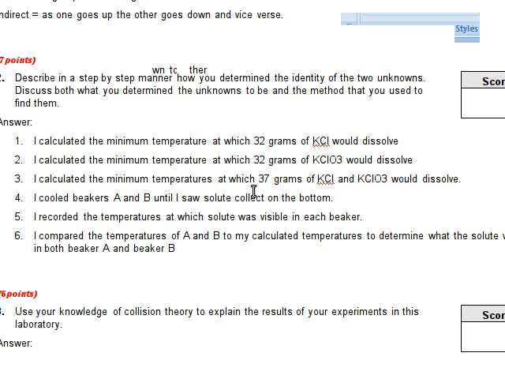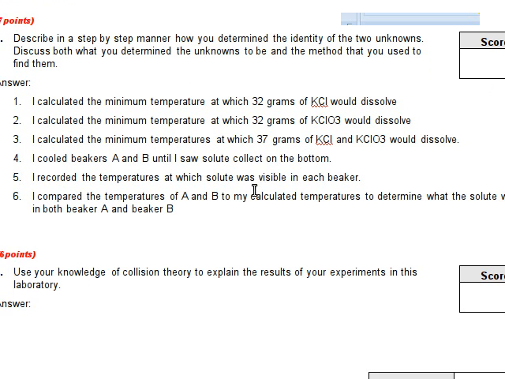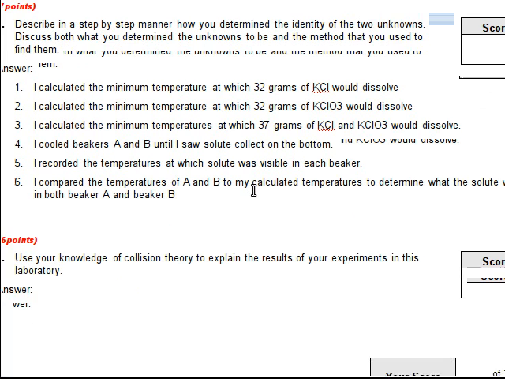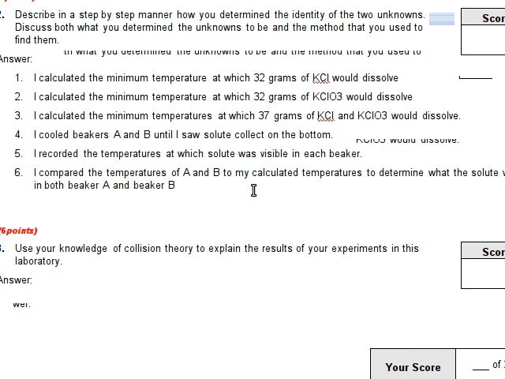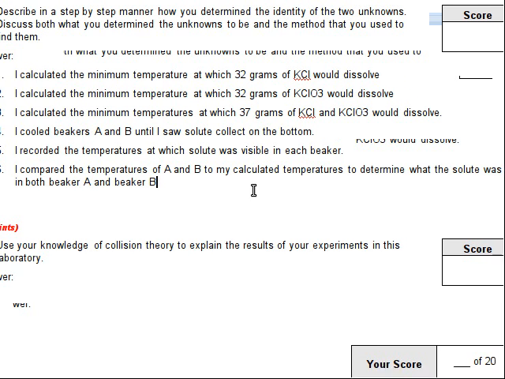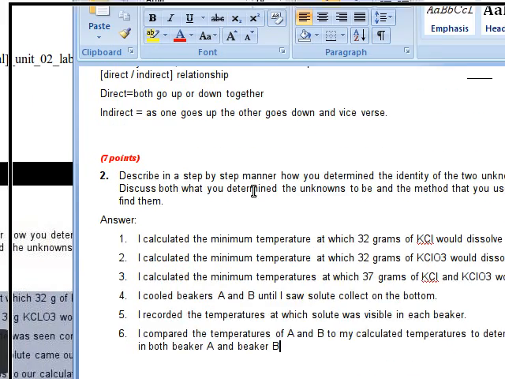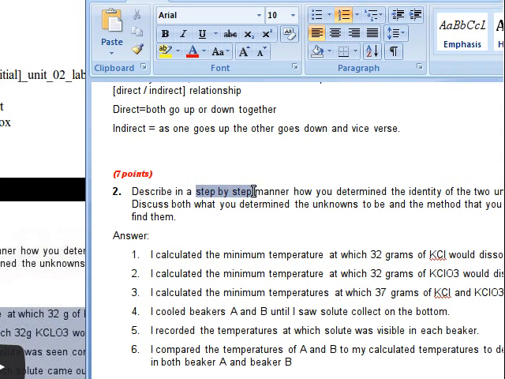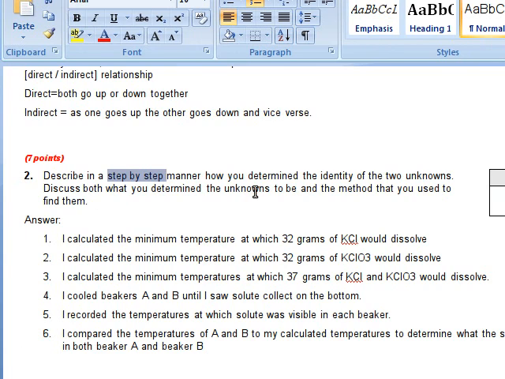I cooled beakers A and B until I saw solute collect on the bottom. Recorded the temperatures at which solute was visible, and then compared the temperatures of A and B to my calculated temperatures to determine what the solute was in both beaker A and B. That's the step-by-step part, how we determine the identity of the two unknowns.